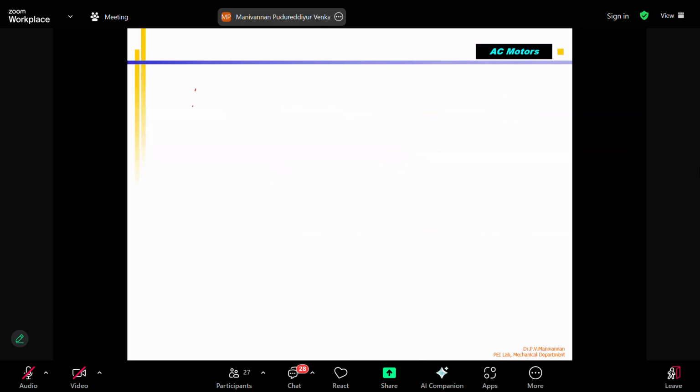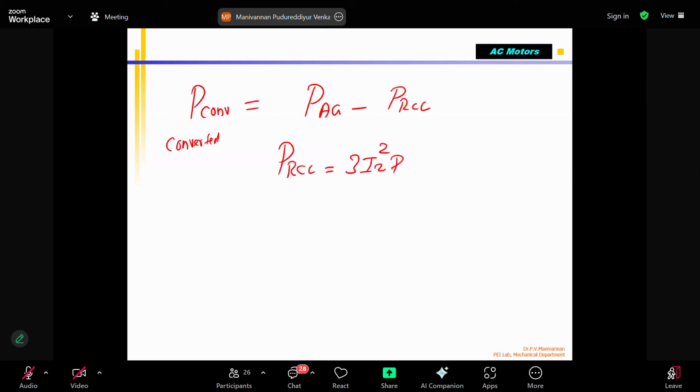Now, the next one is called P_conv. P converted is short for power converted from electrical to mechanical. P converted is P_AG minus P_RCL. P_RCL equals 3 into I2 squared into R2.